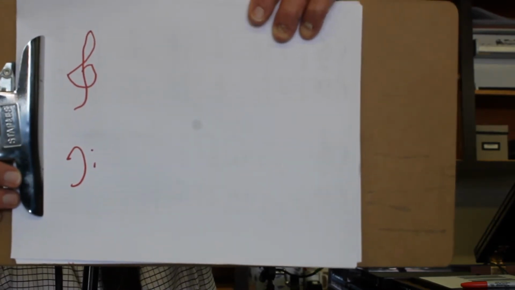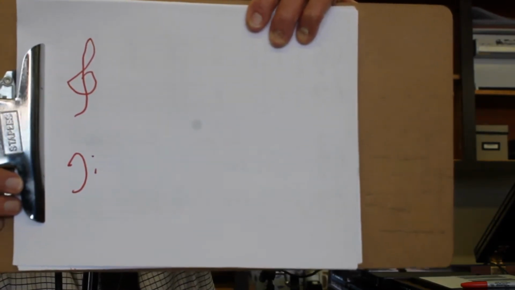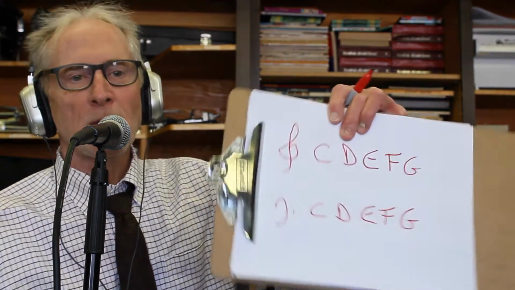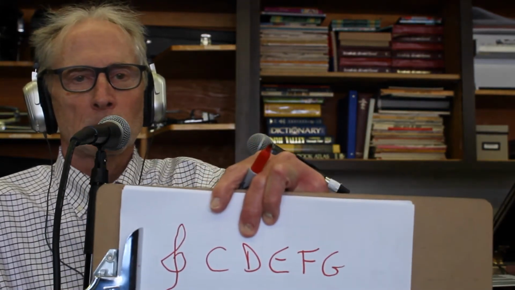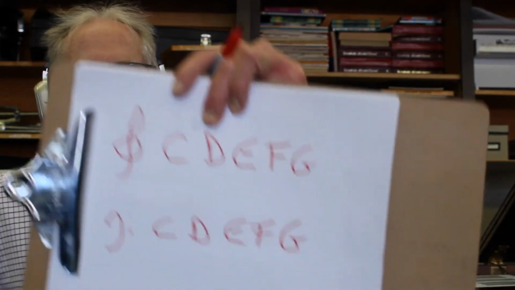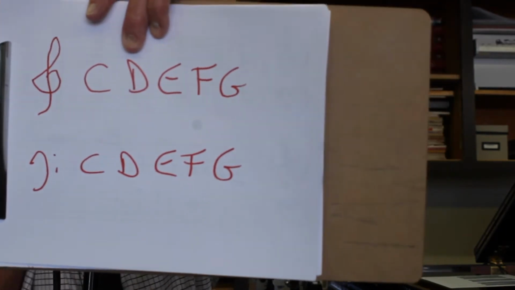We're going to learn what's called C position. Watch me, and you should be writing this down too. Everybody get paper and pause when you have to. Okay, write that down, please.